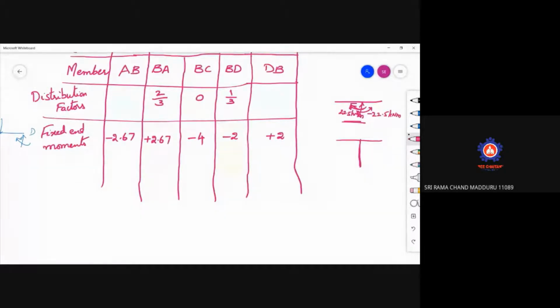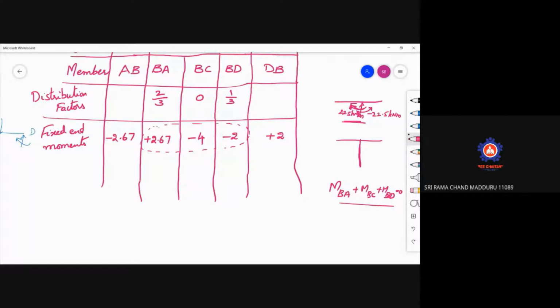So we need to go with joint B only. The joint condition is to be satisfied, that we already know. MBA plus MBC plus MBD should be equal to 0. So to make it equal to 0, now we will calculate everything.